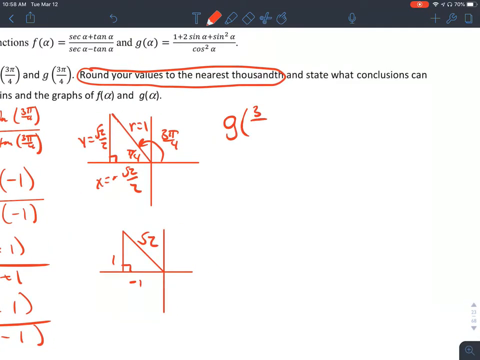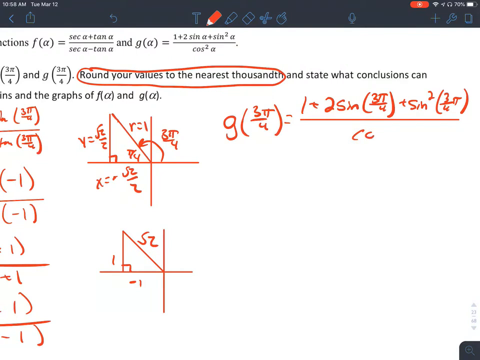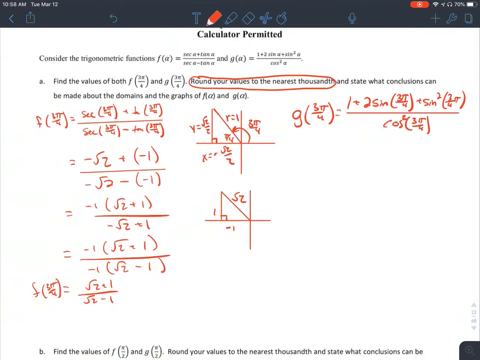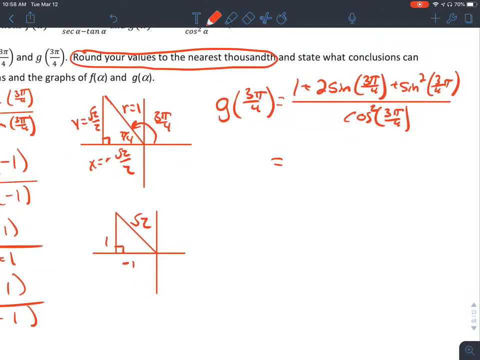So g of 3/4 pi is going to be 1 plus 2 sine of 3/4 pi plus sine squared of 3/4 pi, all divided by cosine of 3/4 pi. Once again, the directions say find these values. So I'm trying to find them. What is sine of 3/4 pi?